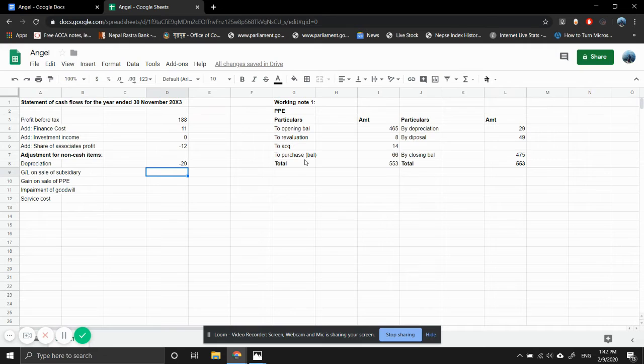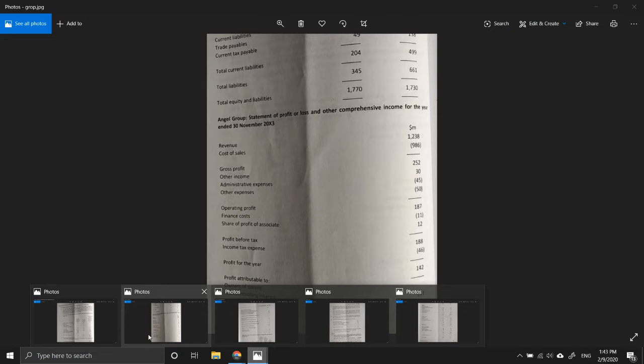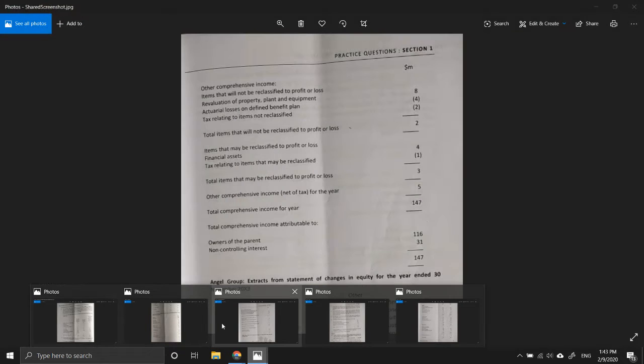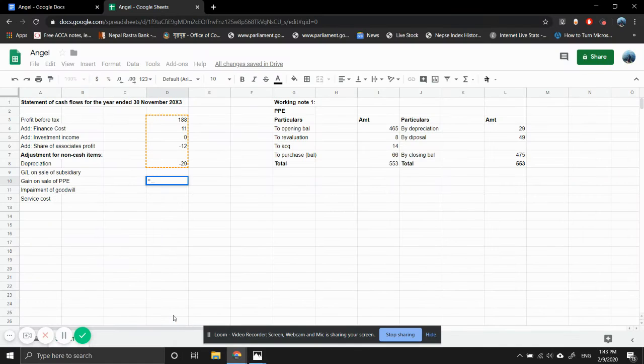Okay, in this we did not need that figure, but still, we were only required to find out the gain on PPE. So what was the gain? 63 minus 49.